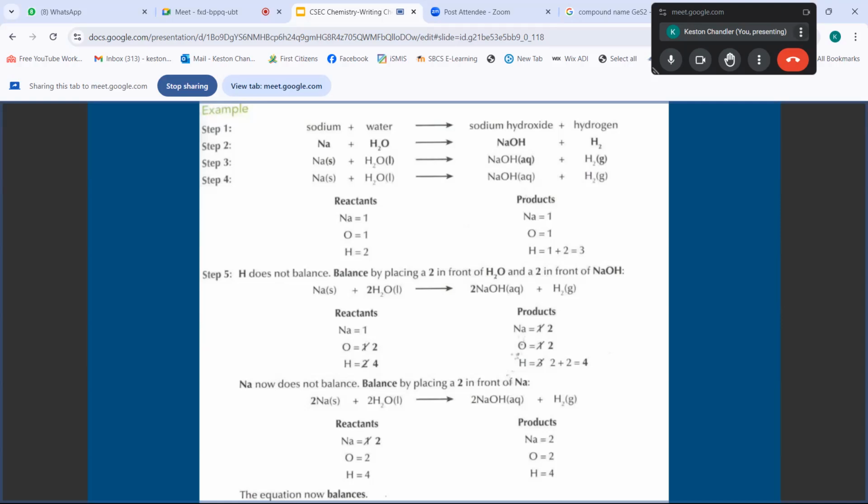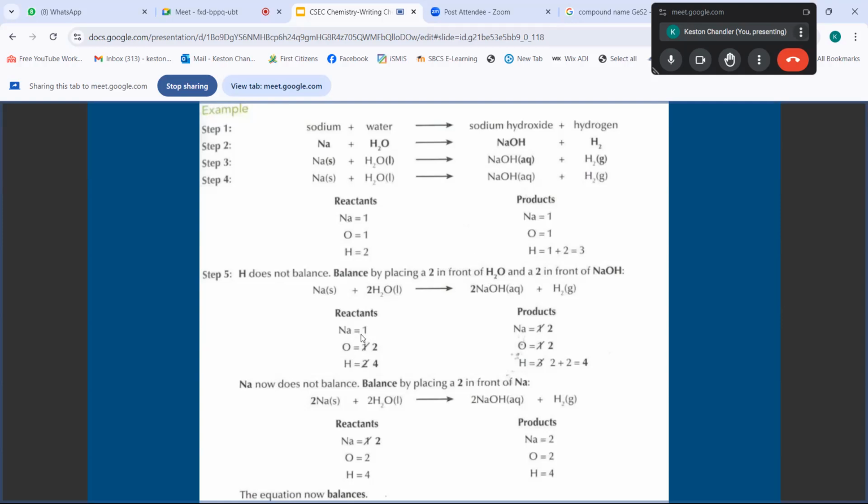Now, step 5, because H doesn't balance, sometimes what we need to do is we might need to find what I usually would call the LCM of two of the things. Let's look at it. If we place a 2, because we need 2 hydrogen on one side, in front of the H2O, look at what happens, right?